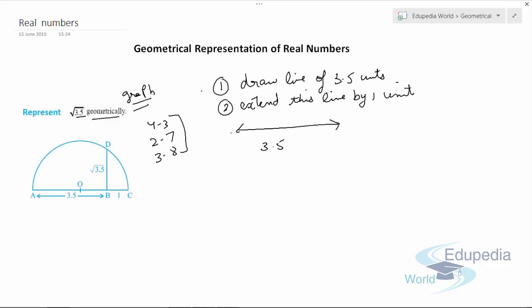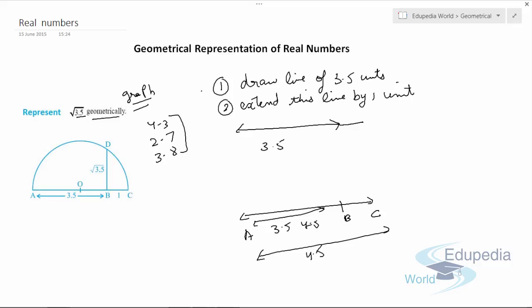Suppose we have drawn a line of 3.5, then we'll draw 1 unit more. So the final line will come out to be 4.5, and here we will mark 1 centimeter, let it be B, and let it be A, and let it be C. Then this line is 3.5 and the total line is 4.5.